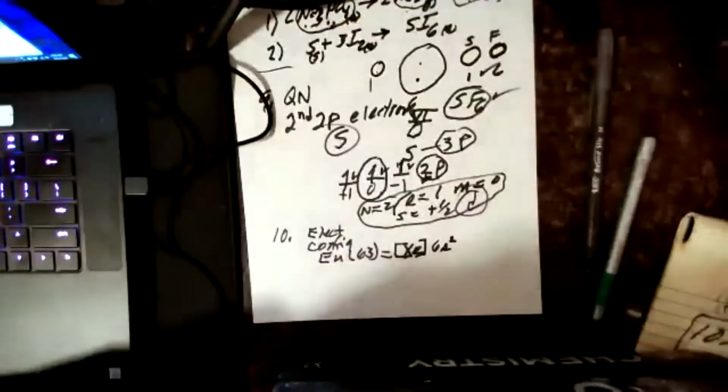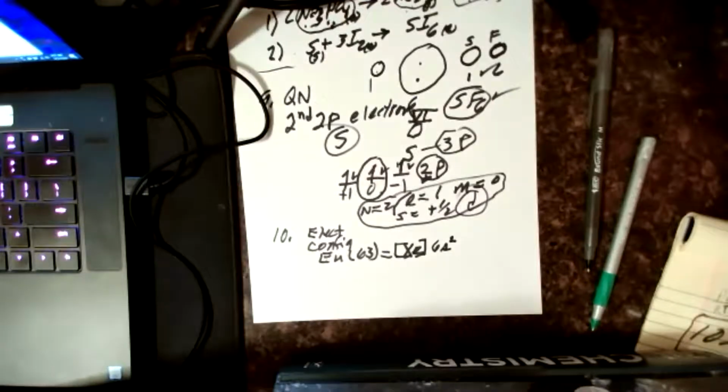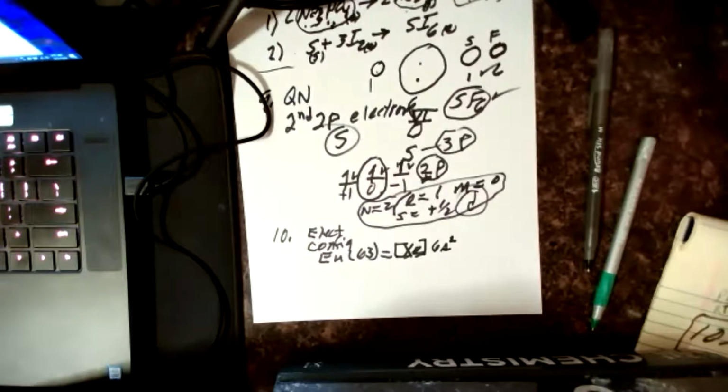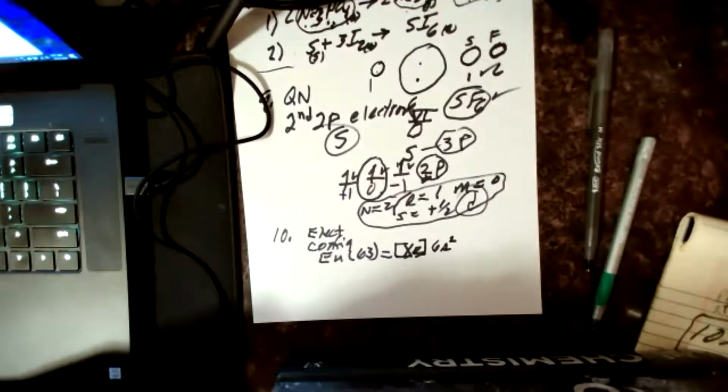Well, you know what? I think I can eliminate some answers. In fact, I can eliminate C and I can eliminate D, I think. So it's either A or B, and I'll show you what they are in a moment.